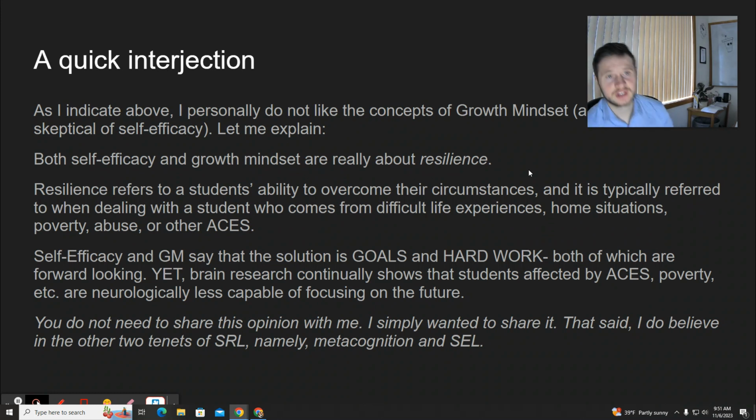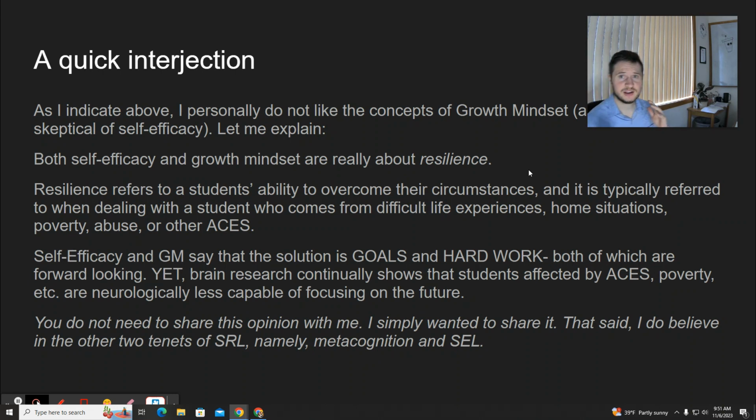So both self-efficacy and growth mindset are about resilience. And resilience refers to students' ability to overcome circumstances. It's a psychological term, right, where it's typically referred to in correspondence with ACEs, adverse childhood experiences, such as abuse, poverty.